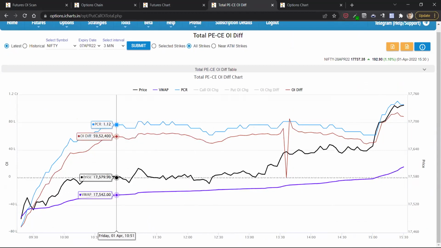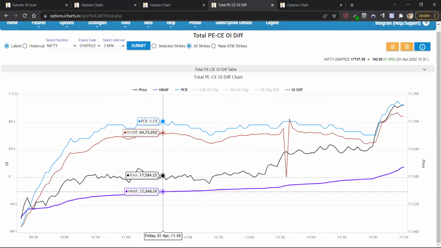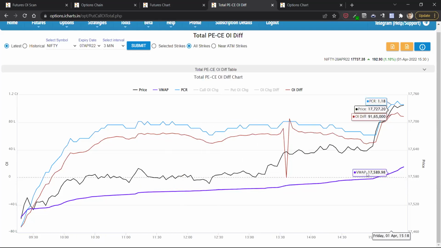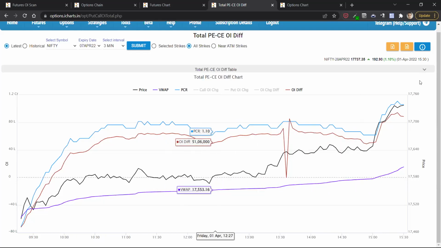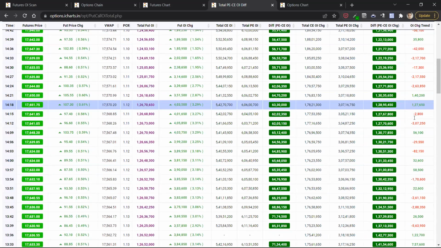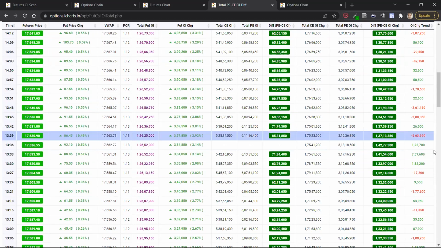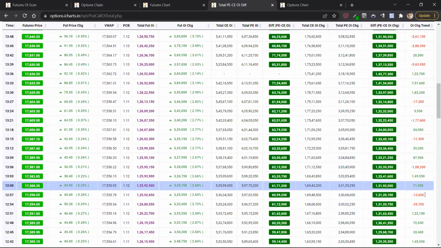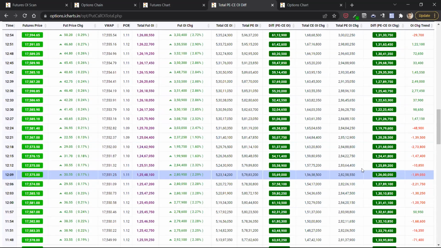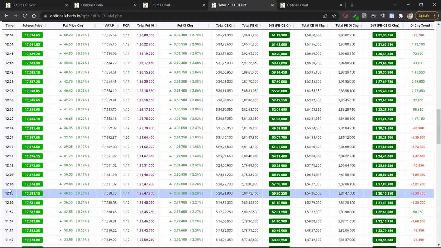Maybe just plot some support resistance areas and keep an eye on VWAP and see if the price is going to break below VWAP. Because once price breaks below VWAP, you'll see significantly more negative changes coming here. At the moment here, you saw that a lot of negative changes were there, but the price was still holding up.